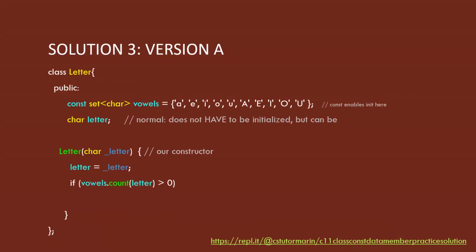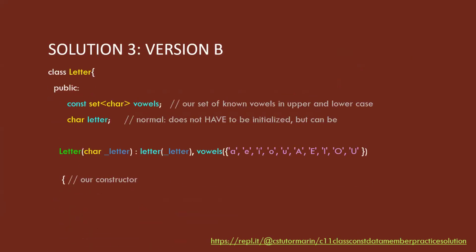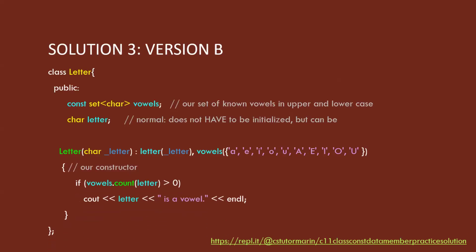So here's what we just did, right? That one right there. But we could have made it a little more flexible. Let's say vowels do change, or maybe there's vowels in other languages. I don't know. So we could have done it through our constructor initializer list. Note the difference here. You give me a letter and I am going to use the constructor initializer list in a strange way here.